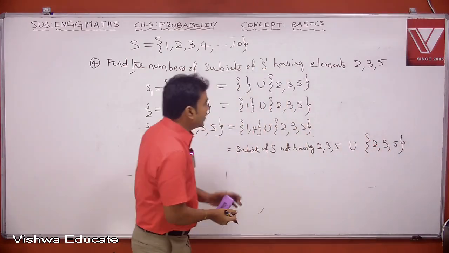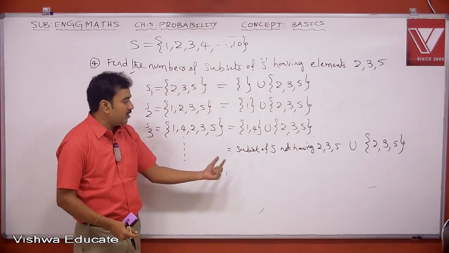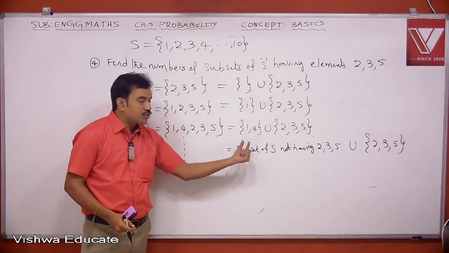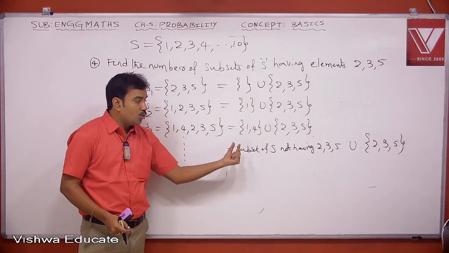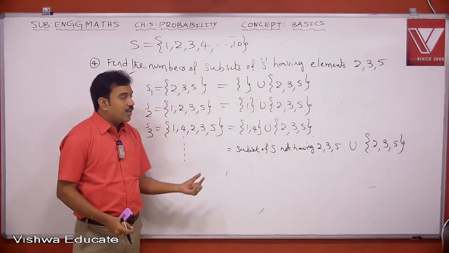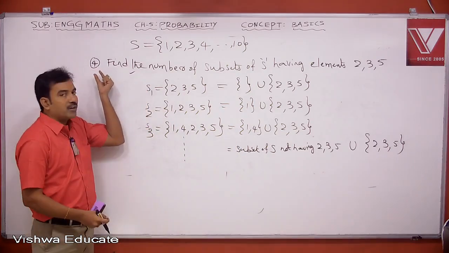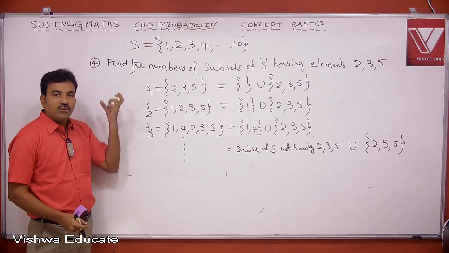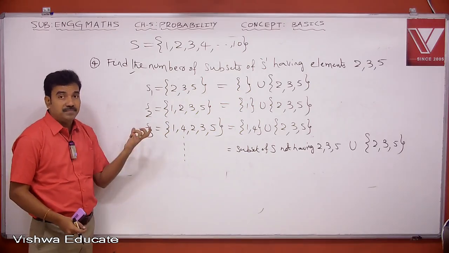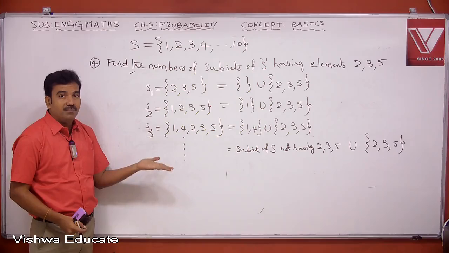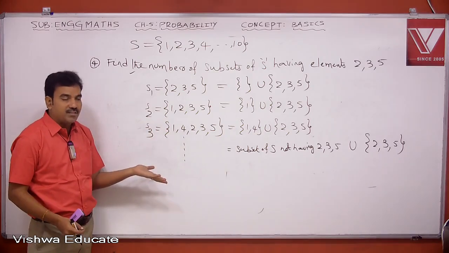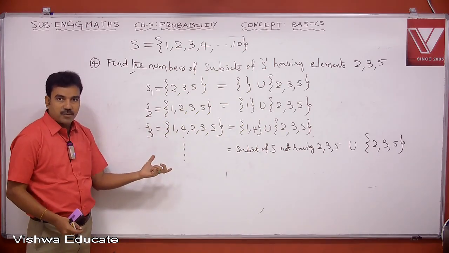Therefore to get the result for this count, what I do is find the total number of subsets of S not having 2, 3 and 5. So in order to get the answer for question number 4, let us try to get the answer for question number 5. In that case you will get the answer for question number 4 very easily. I hope you understand these points.